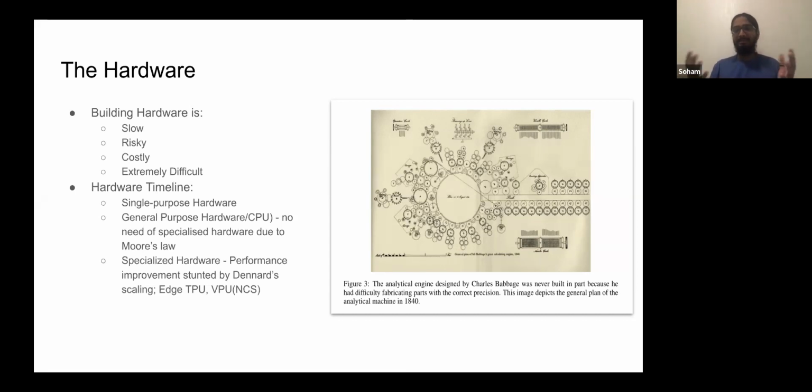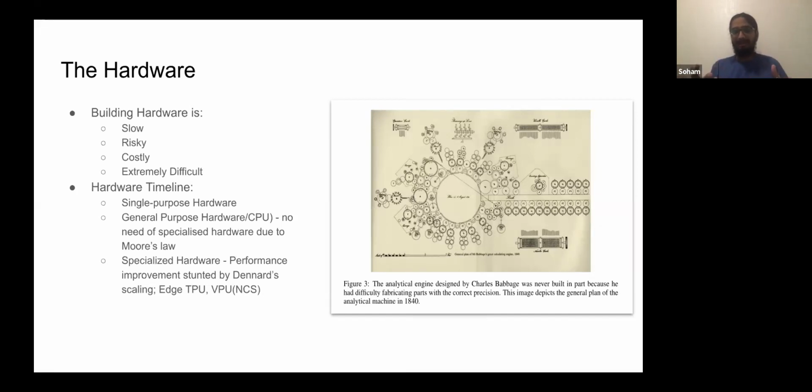So at that time, building general purpose chips became a no-brainer and non-risky, because if you build something for your general purpose hardware, it's going to be really fast, and the performance is going to be really good in just 2 years' time, right? So it doesn't make sense to build specialized hardware at that point, because you don't know if the performance 2 years later of your specialized hardware will be better or not. So the time from the 1970s to about the early 2000s was this time of general purpose CPUs, right?